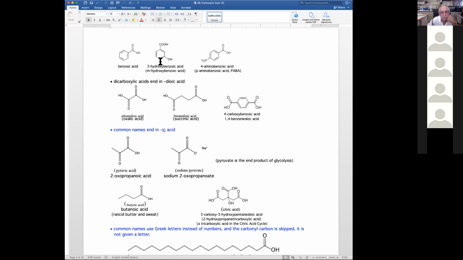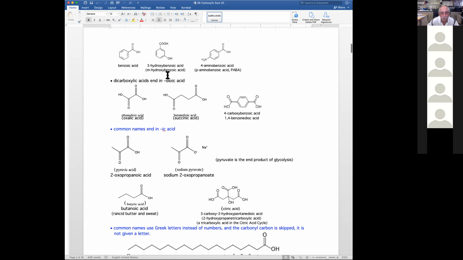So then we could have named this phenol, but alcohols are subservient to the carboxylic acid, so we name it as benzoic acid instead of phenol. And on the 3 position, there's a hydroxy group, or you could call it the meta position if you wanted.